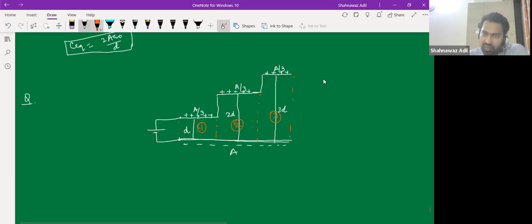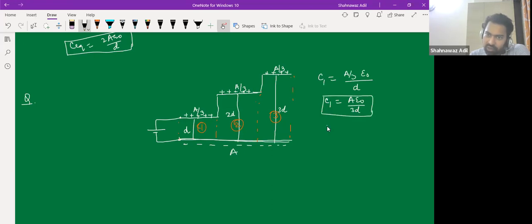So C1, area is A by 3, right? Epsilon naught, and this is D. So this is A epsilon naught by 3D. This is my C1. Then C2 is A by 3 epsilon naught by 2D.